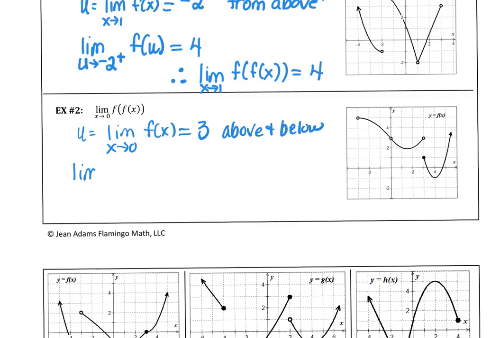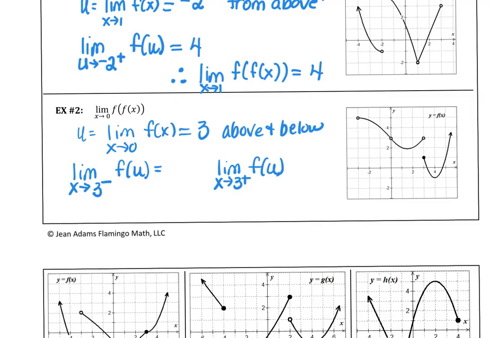For the limit as x approaches 3 from the left on our outside function evaluated at the inside value, that value has to be the same as the limit as x approaches 3 from above, or from the right, of f of u. So let's go look at the graph. As we approach 3 from the left, here's 3. As we approach 3 from the left, the limit is heading to 3.